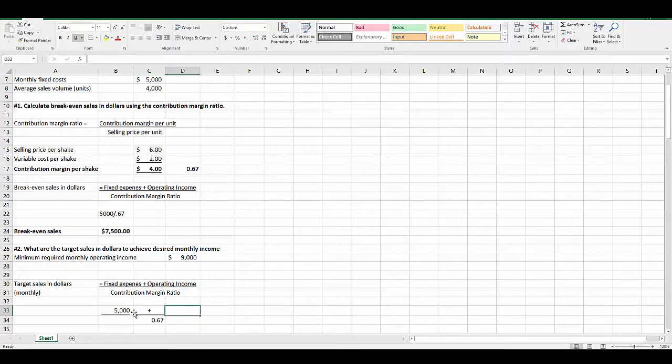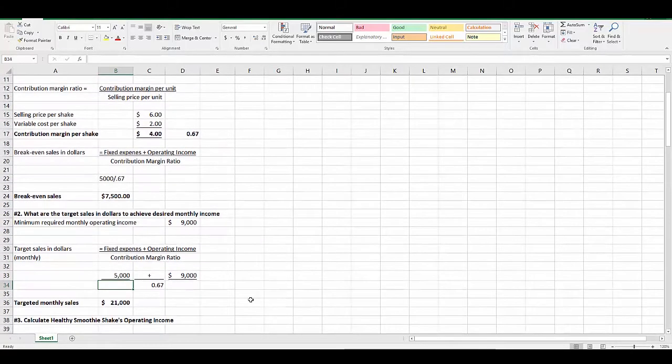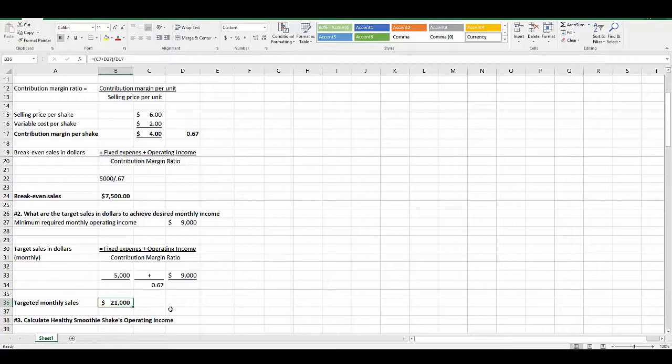Then we have our $9,000 desired operating income, and that is divided by your 0.67. So you have your 5 plus your 9 divided by 0.67. This tells us that you need to have monthly sales of $21,000 in order to cover your fixed costs and make $9,000 in monthly income. So that's the end of part 2.